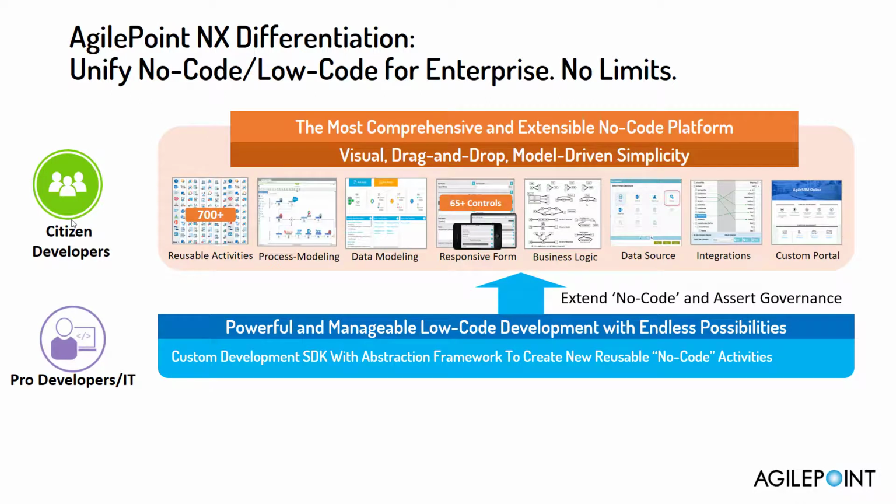Now, of course, it's not just about enabling citizen developers. There's lots of room in AgilePoint for professional development too, as well as IT. And a lot of it comes down to this abstraction framework and how we handle the extensibility side of AgilePoint.